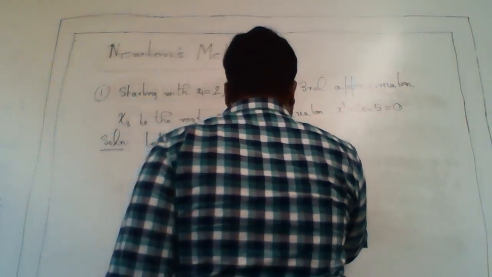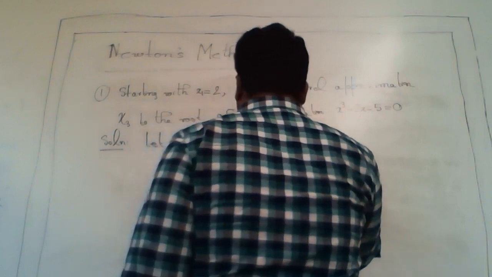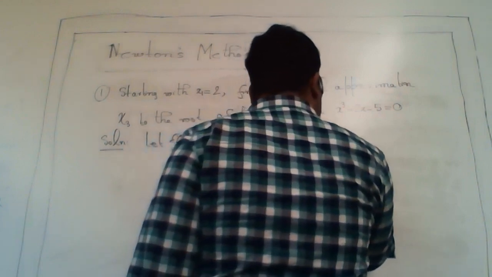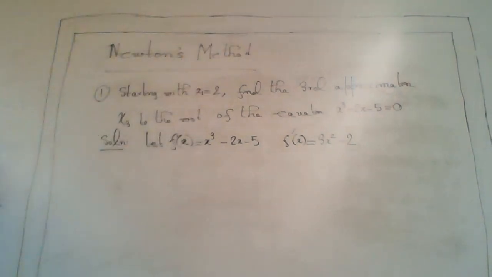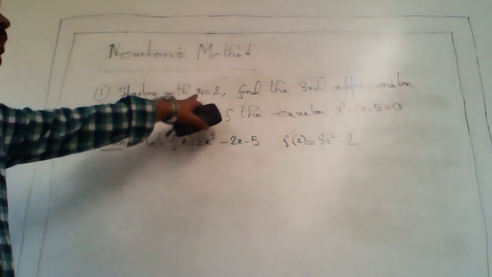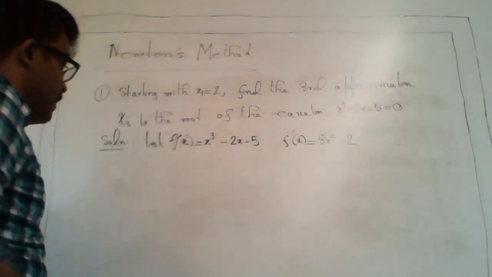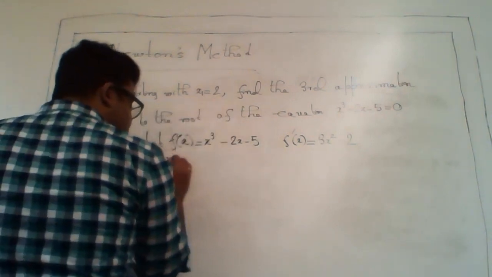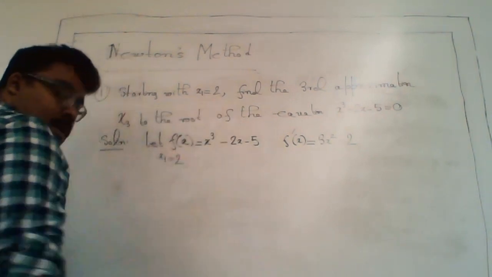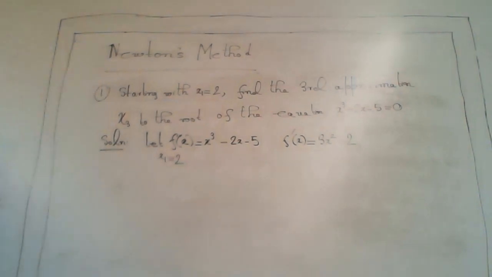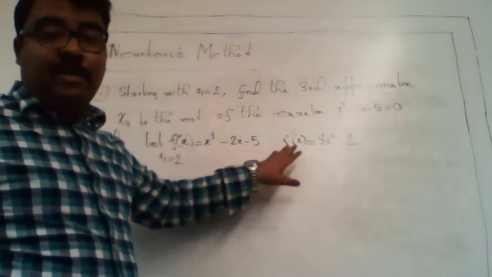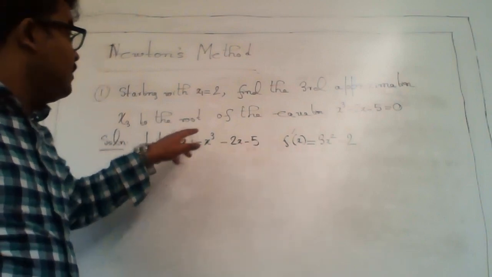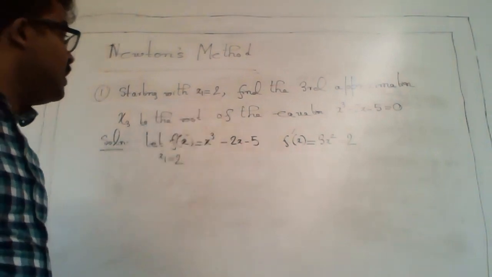So f prime x is what? 3x squared minus 2. Okay. Now you are also supplied with the value of x1, which is 2. So x1 is equal to 2. So what you do? You know fx, you know f prime x, you know the value of x1.